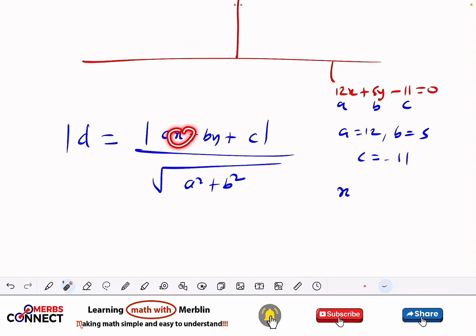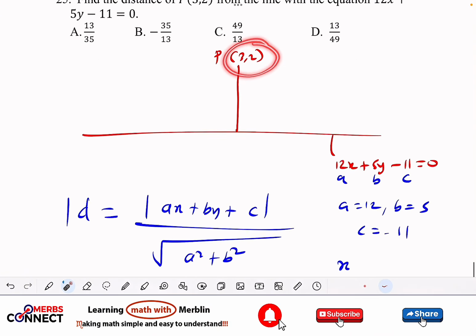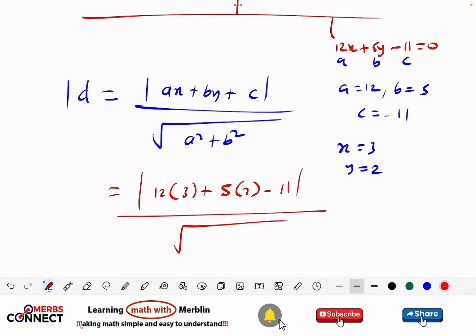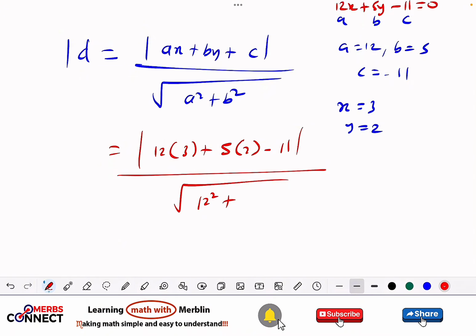Now x in this is the coordinate up here. So x is 3, y is 2. So we just put in the substitution and done. So it's going to be the absolute value of 12 times 3, plus 5 times 2, minus 11, divided by the square root of 12 squared plus 5 squared.